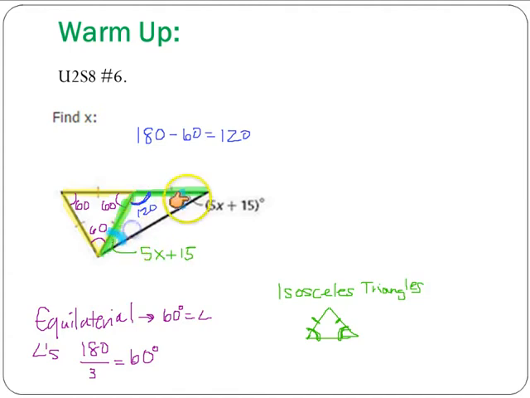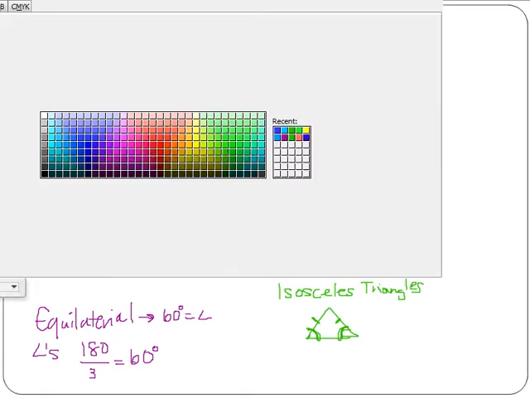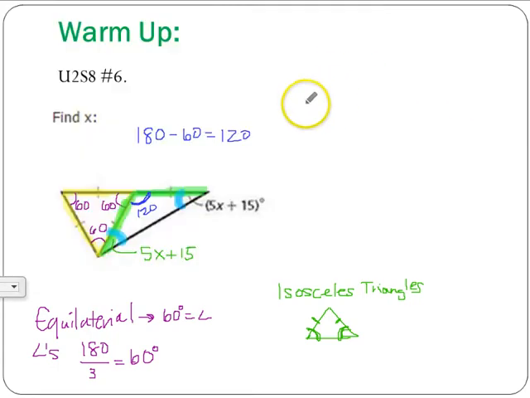Now we've got enough information to set up an equation to solve for x. How many total degrees are there in a triangle? There's 180. So let's add this angle to this angle to this angle and set it equal to 180. I'm going to change colors here, we'll do red. So we want 5x plus 15 plus 5x plus 15 plus 120 equals 180.